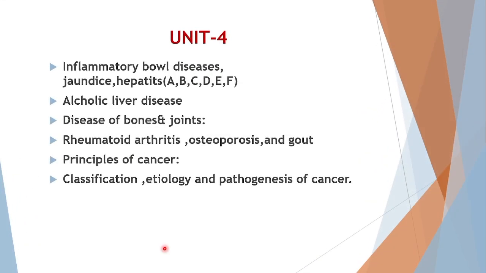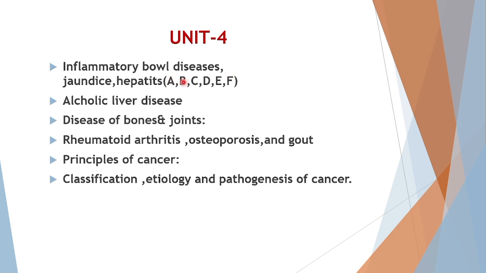The unit 4, the first one is the inflammatory bowel diseases. What are the inflammatory bowel diseases? The inflammatory bowel diseases are a group of diseases that can cause inflammation of the digestive tract, okay. And what is jaundice and what is hepatitis, and how many types of hepatitis are there?